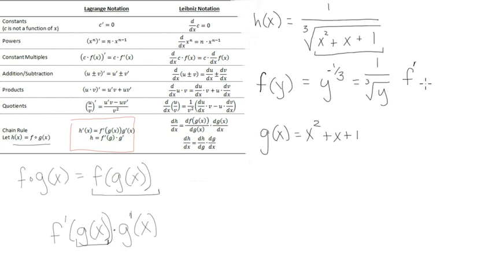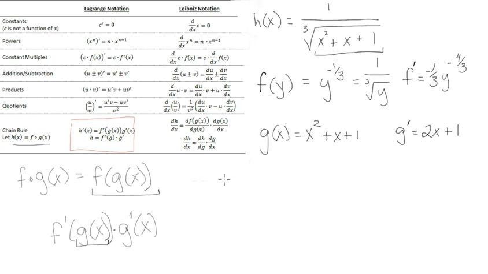My derivative of f with respect to y is equal to negative 1/3 y to the negative 4/3, subtracting 1. And my derivative of g with respect to x is going to be 2x plus 1, and the constant term's derivative is 0. So now I need to combine these.